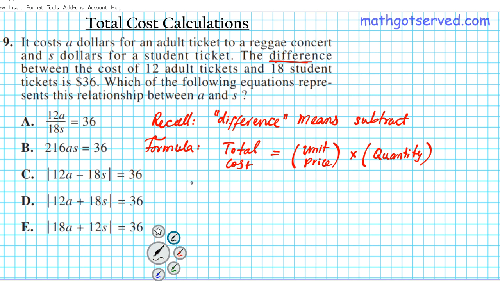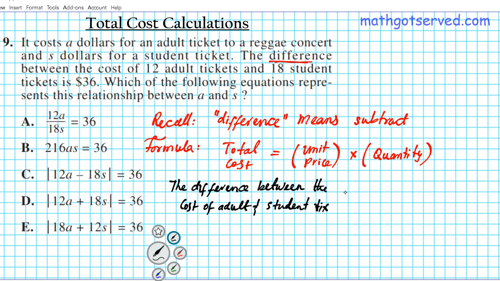Based on this problem, the difference between the cost of adult and student tickets is 36.